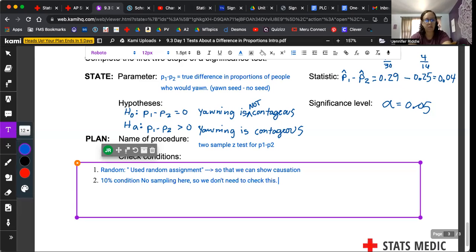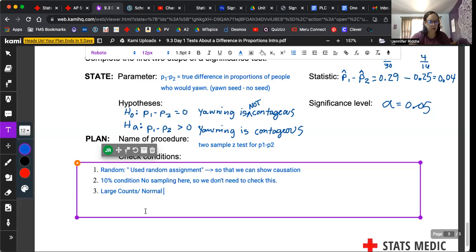Kind of an important thing to remember: we don't need to check the 10% condition when we're doing experiments. All right, our third condition is the large counts condition to check for a normal distribution.